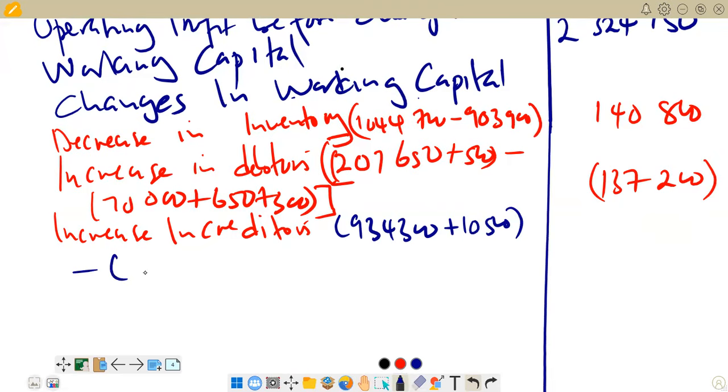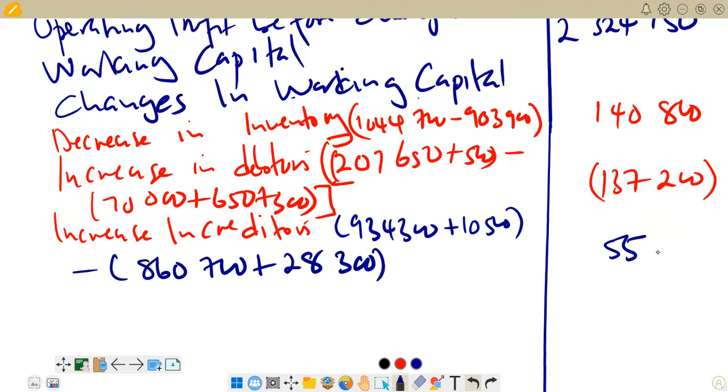Then we subtract 860,700 plus 28,300. Right. After making that calculation, you're going to get 55,800. So that's how we arrived there.